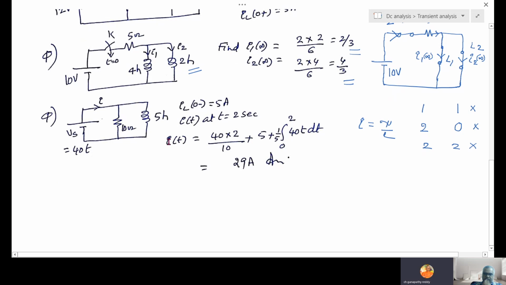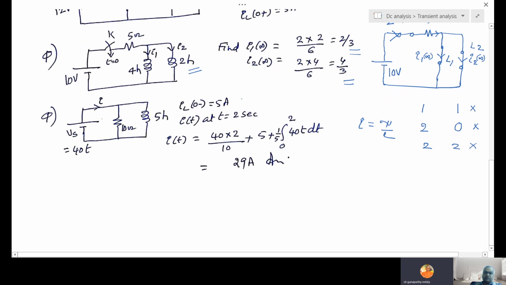This is another small problem. 40T is given, 40T. The source value is changing with time. So 10 ohm, 5 Henry in parallel. This I is given. And IL at 0 minus is given already.